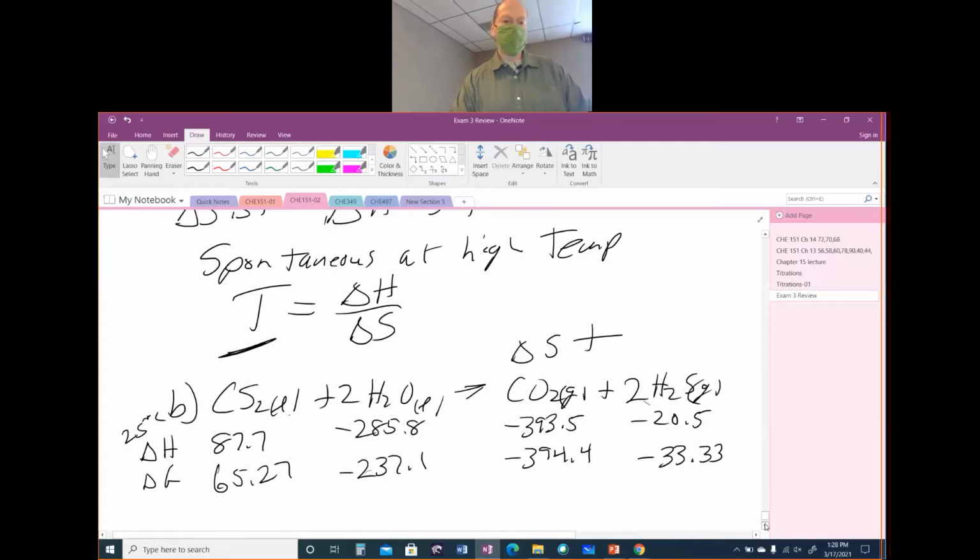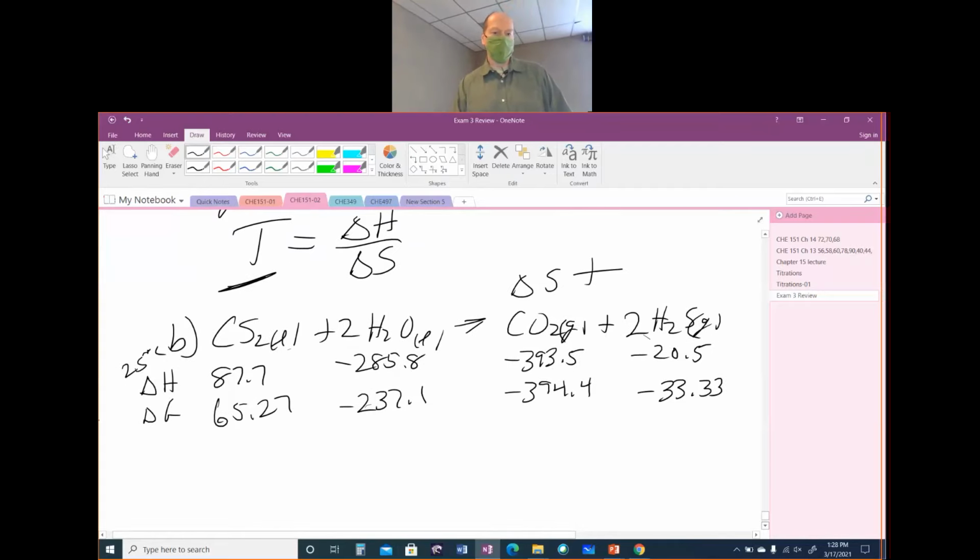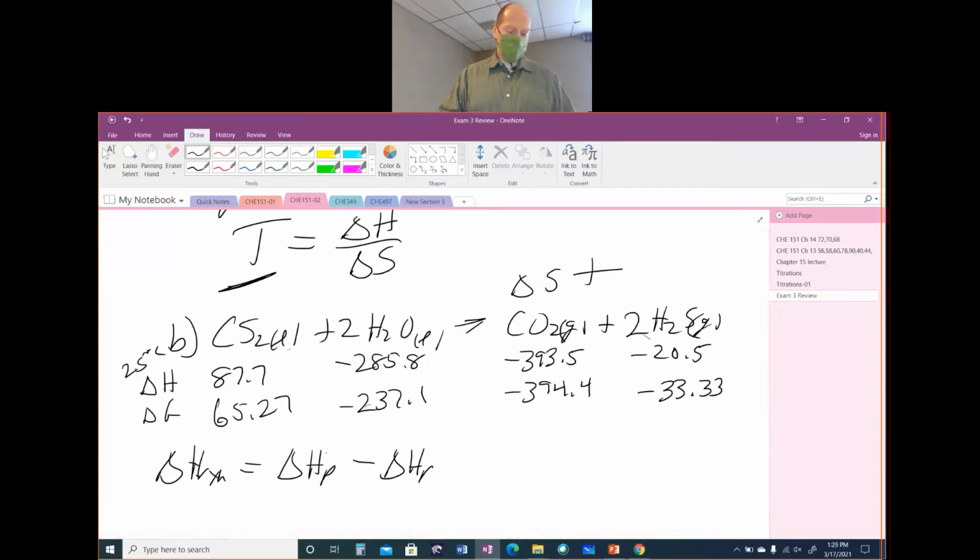All right, so we get our delta H for this reaction. Delta H products minus delta H reactants. So we have a negative 393.5 plus 2 times negative 20.5. So our products are negative 434.5.